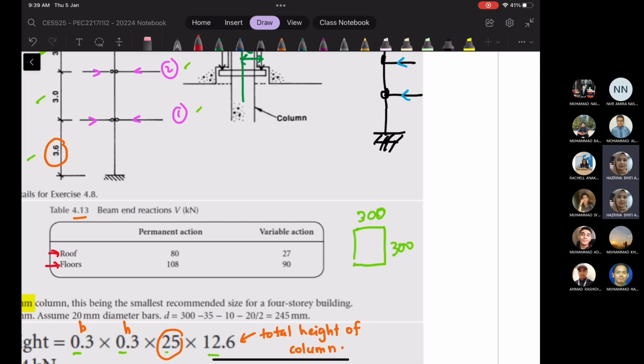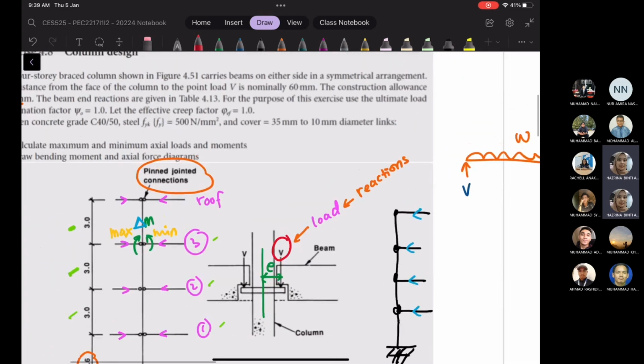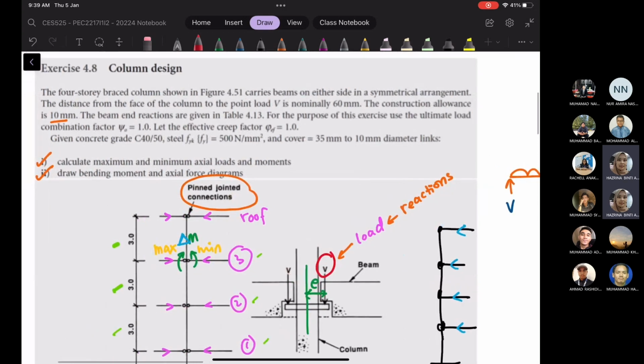Okay, so we know that in the design, the loads that come from the roof will be different from the floors, right? So selalu dekat floor akan ada lebih besar lah dia punya loading sikit in comparison to roof. Right. Okay, so we have the permanent action and also we have the variable action. Right. So kalau tengok value dia adalah a bit different. Okay. So the construction allowance is 10 millimeters.